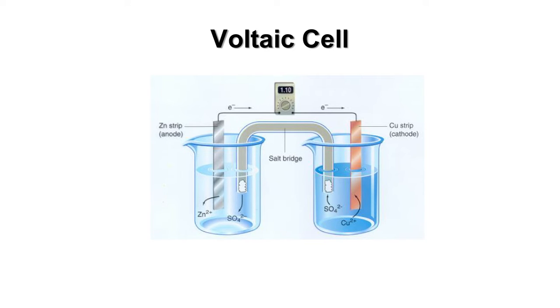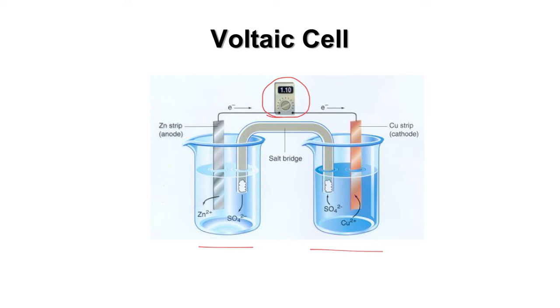If we were in school, we would do a lab with voltaic cells and we would set everything up like this. So we would have two beakers, two pieces of metal, this little U-shaped tube. We'd have solutions in each beaker. We would set it up and attach it to a voltmeter.